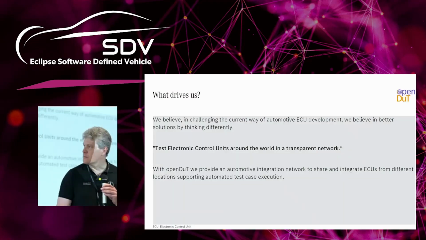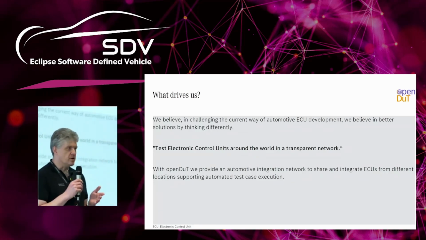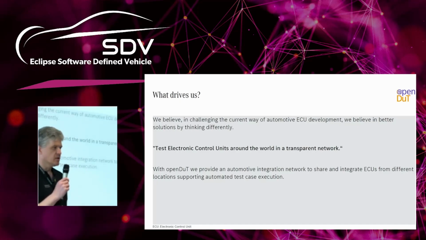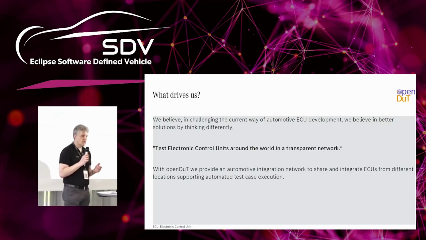So, what drives us? We think the electric architectures in the vehicles are changing. Recently there were lots of ECUs in a vehicle, more than 100 ECUs. Now it's reducing again. We are having more and more bigger, more powerful ECUs in the vehicles, accumulating more and more functionality.